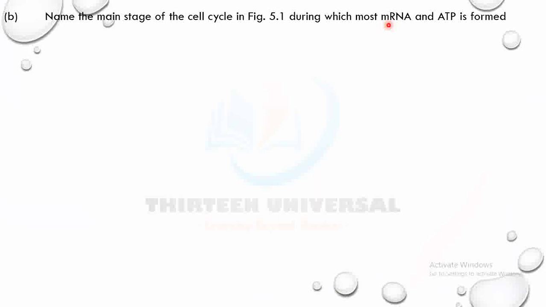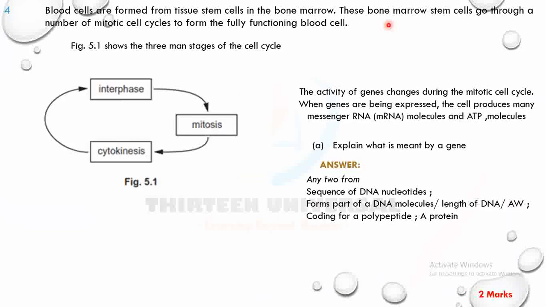Look at it now. So where is mRNA formed? That is where protein synthesis takes place. Of course, it takes place in interphase. They're asking us to mention the stages of interphase, but you can stop and attempt this question.